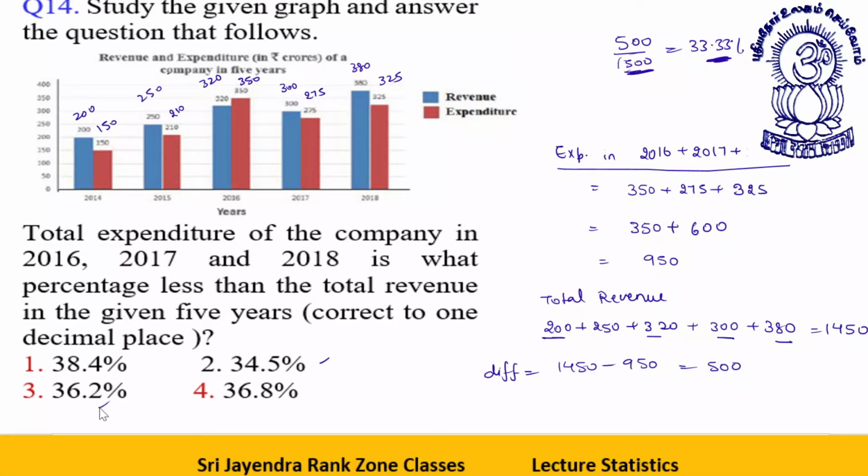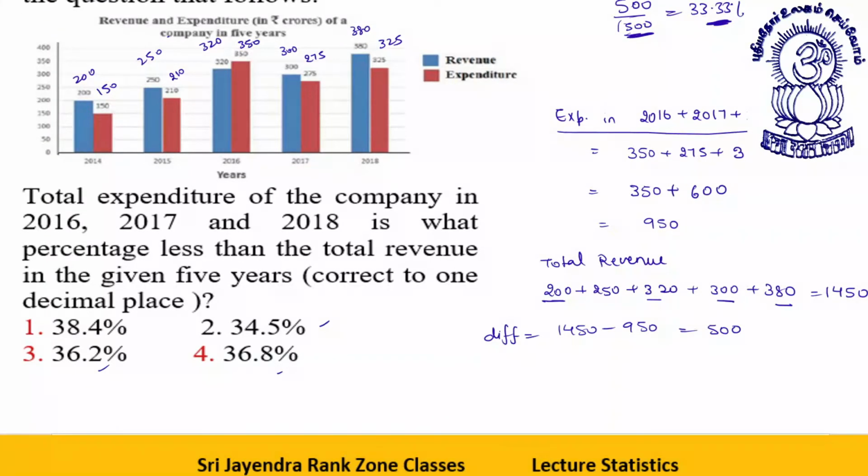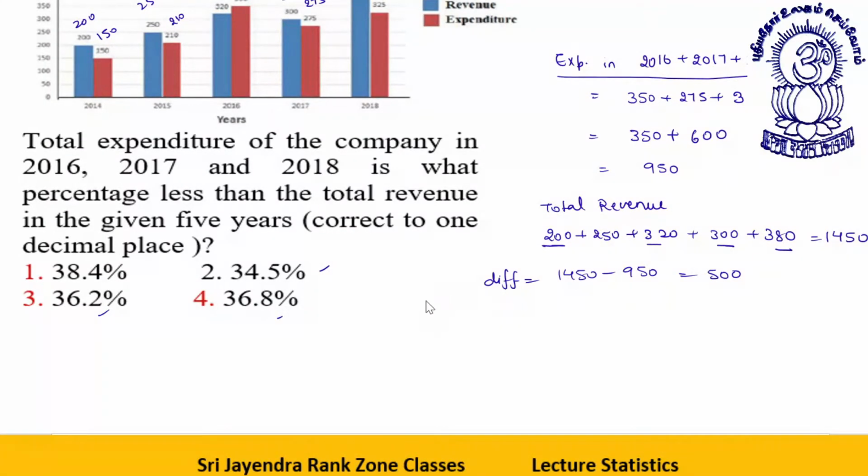I see these options are not very far apart, so we can divide it. Now the percentage is 500 divided by 1450 into 100. It won't take that much time. The zeros cancel; if I cancel by 5, this is 2 and this is 29.